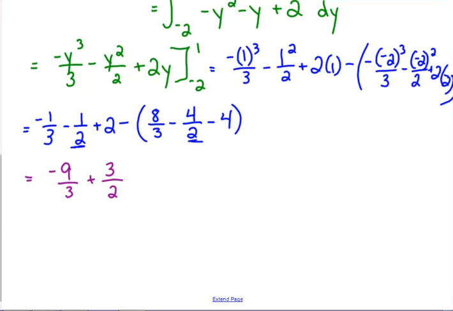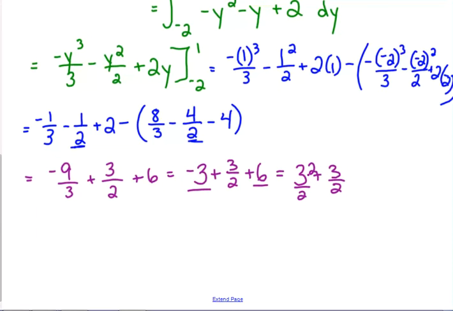And 2 minus a -4 is plus 6. -9 over 3 is -3. -3 plus 6 is 3. So if we put that over 2, that's 6. So that's 9 over 2. 9 over 2 is our area here.